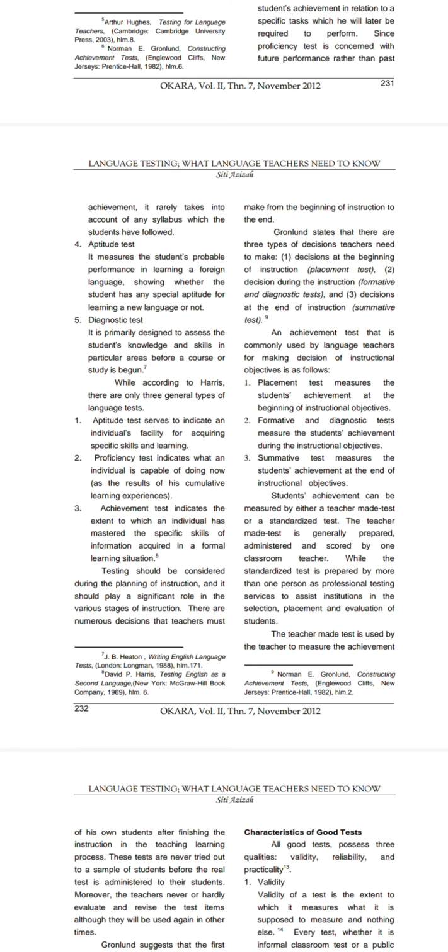The teacher-made test is generally prepared, administered, and scored by one classroom teacher, while the standardized test is prepared by more than one person as professional testing services to assist institutions in the selection, placement, and evaluation of students.